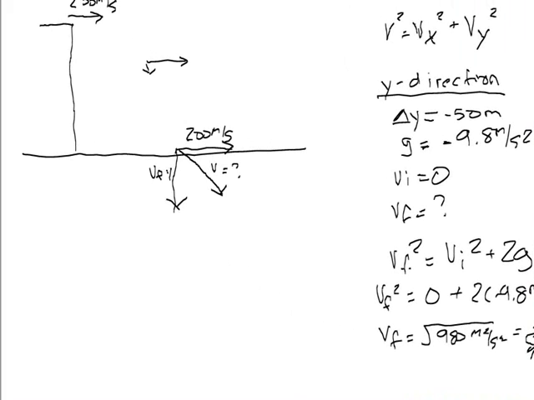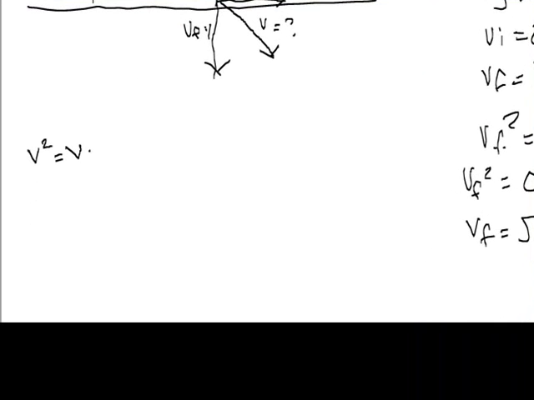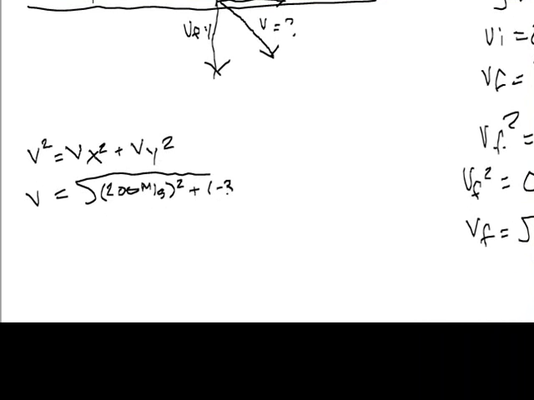Now, let's calculate the final impact velocity. V squared is equal to Vx squared plus Vy squared. V is going to be equal to the square root of 200 meters per second squared plus negative 31.3 meters per second squared.